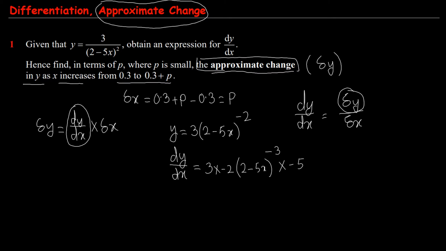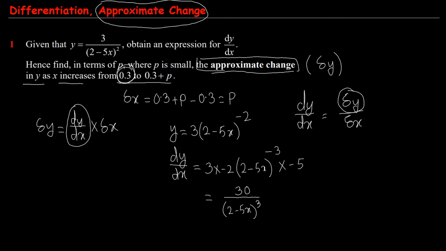So this gives us 3 into 5 is 15, into 2 is 30, divided by the whole expression, which you can write 2 minus 5x to the power 3, because it's negative power 3 is given there. This is the expression of the dy by dx, but we need to find dy by dx at the point where x starts at 0.3.